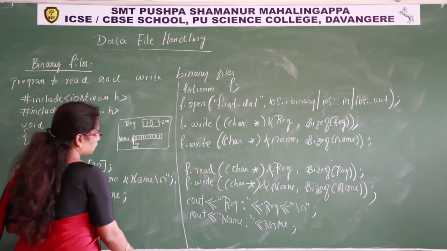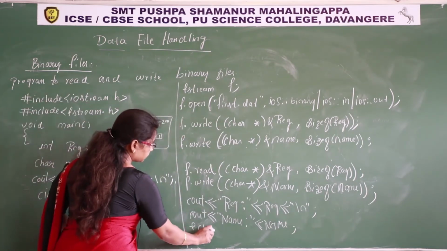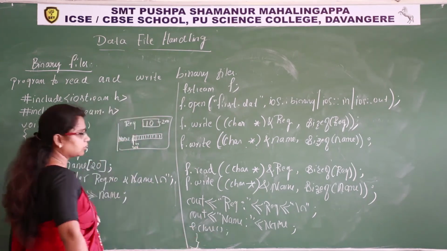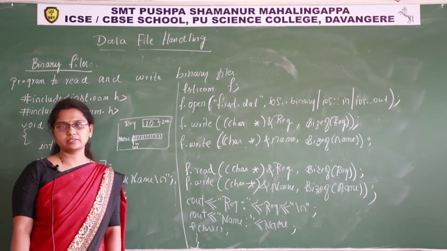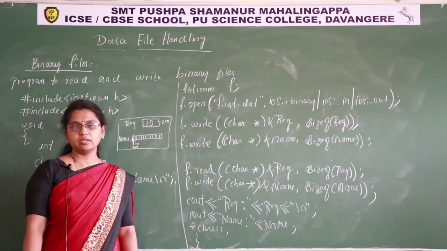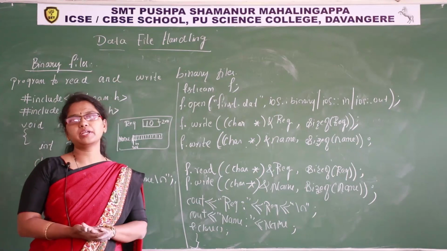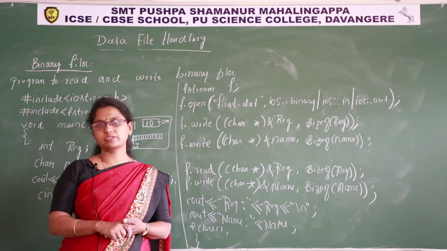Then you can close the file. f.close function. That is how to read and how to write binary files using read and write functions. In the next class, let us understand how to read and write a binary file using structures. Thank you.